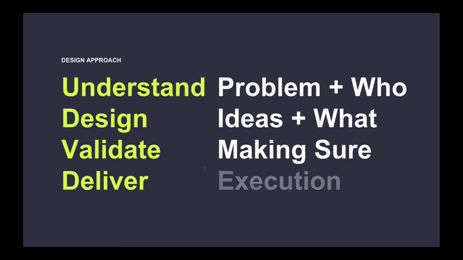And finally, deliver is really all about execution. And this is working very closely, not only within the design team, but also across the board with whether it's engineering or marketing to make sure your message and communication is all integrated so that when you go out, you have a very tight, holistic experience from when a customer hears about it, how they get introduced to your product, how they use your product is all very seamless.